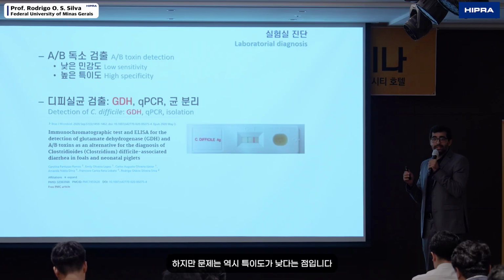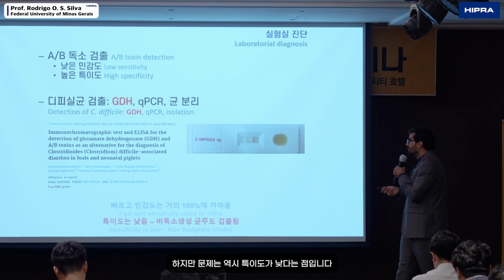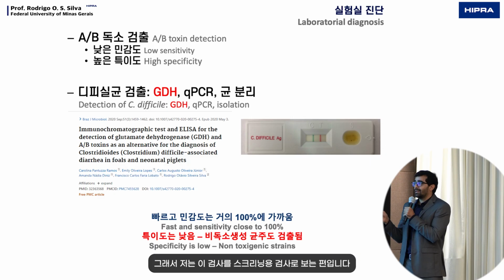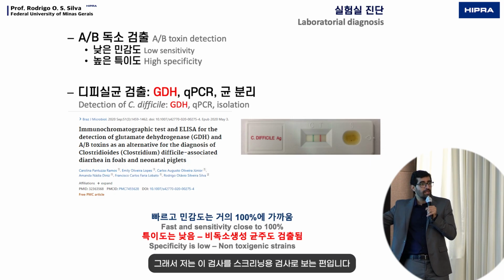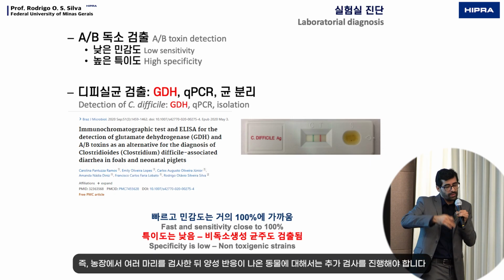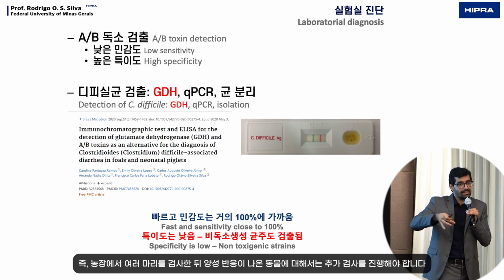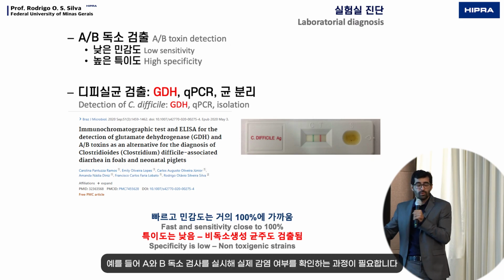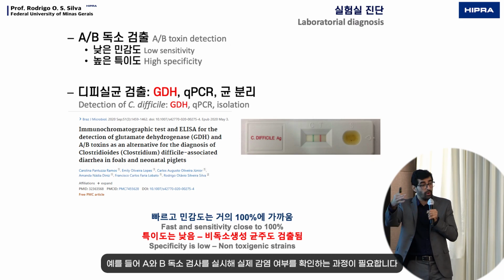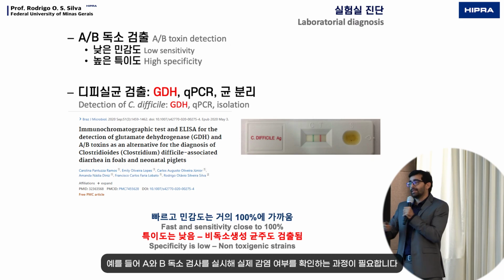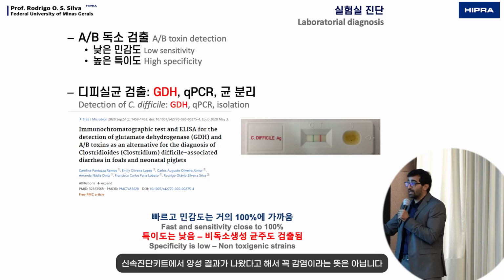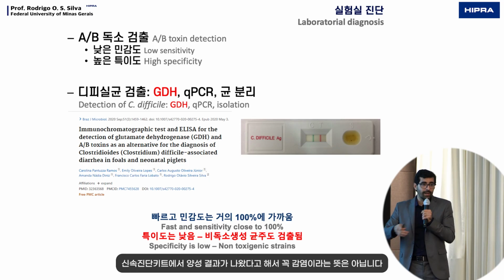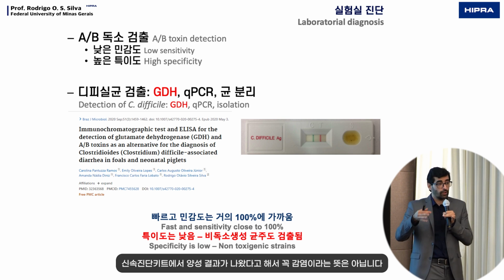The problem is the specificity is quite low. So I like to see this test as a screening test. You go there, you select several animals, you test them, and the positive animals you have to subject to another test, for example, for A/B toxins, to confirm that this positive result is really infection. Because sometimes you can have a positive result here that doesn't really mean infection.